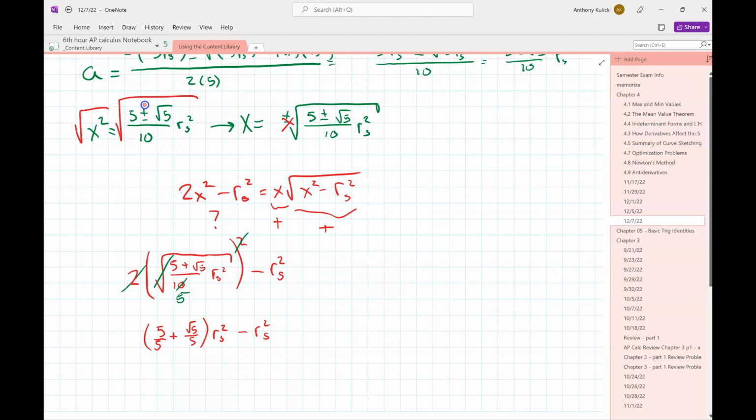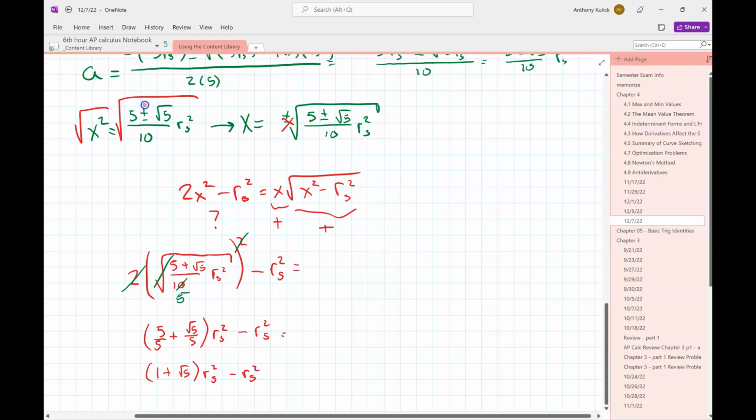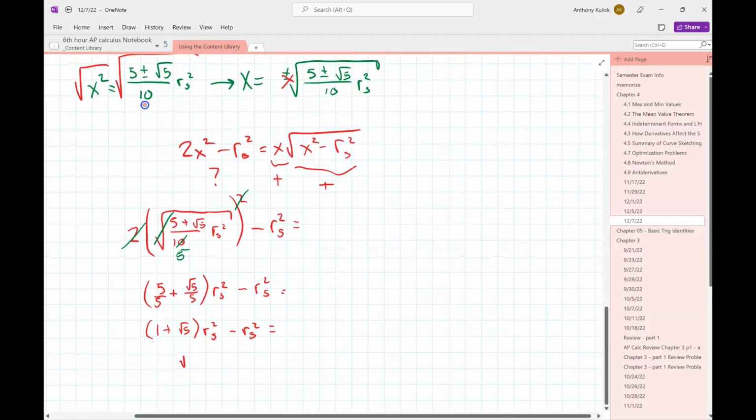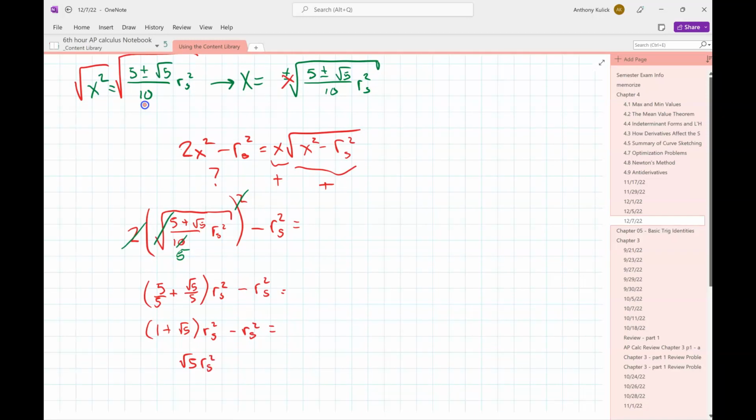Well, this is just like 1 plus the square root of 5, if I simplify that. So that's just going to give me square root of 5 r squareds.